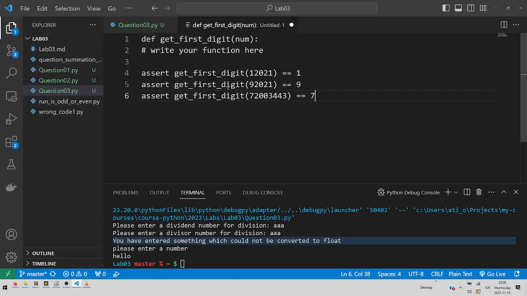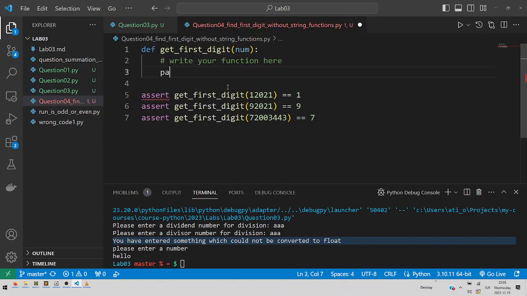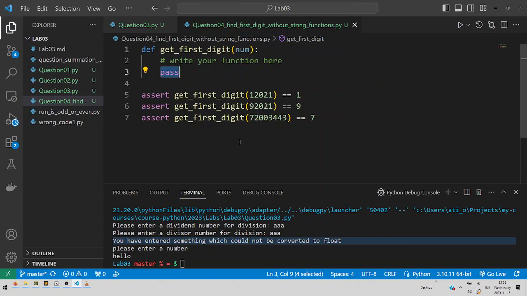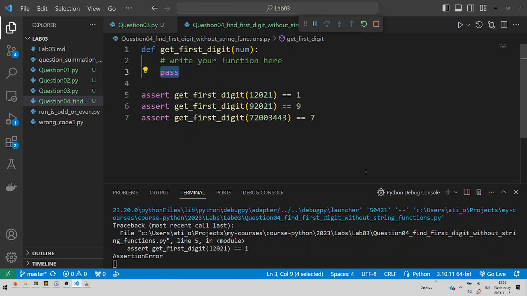You don't need to write such a long name, but it is up to you. Okay, here we need to have something. First of all, I write do nothing and I'm running my code. Then the asserts of course will not work.